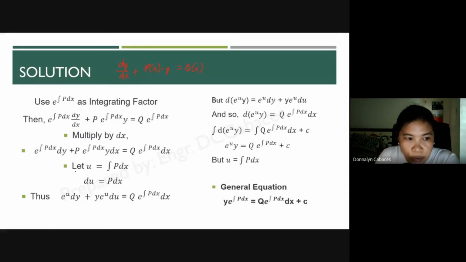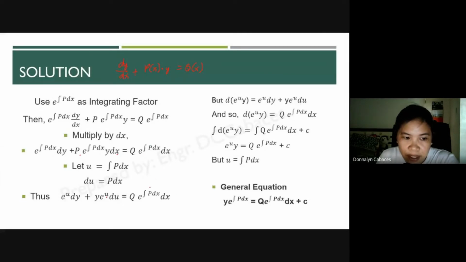If you are going to look at the first term, e to the integral of p dx, that would be simply e to the u dy. On the second term, e to the integral of p dx again is e to the u. Then you have here p dx is du. And then you have here your y. So that would be y e to the u du is equal to the right side.